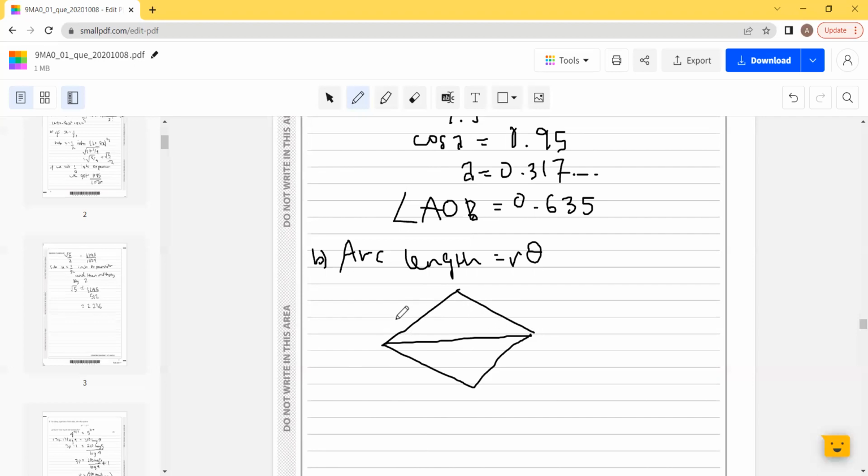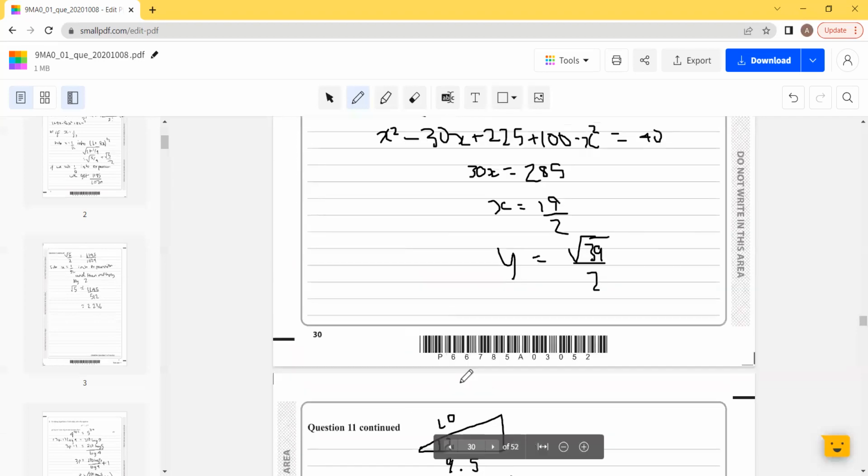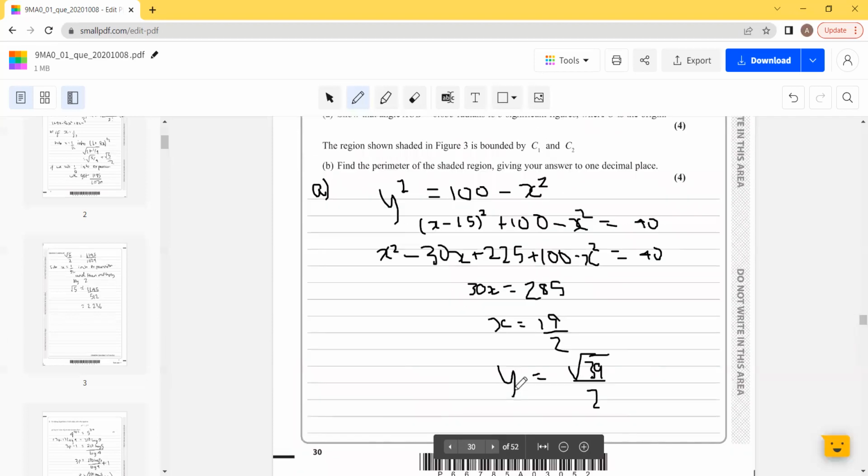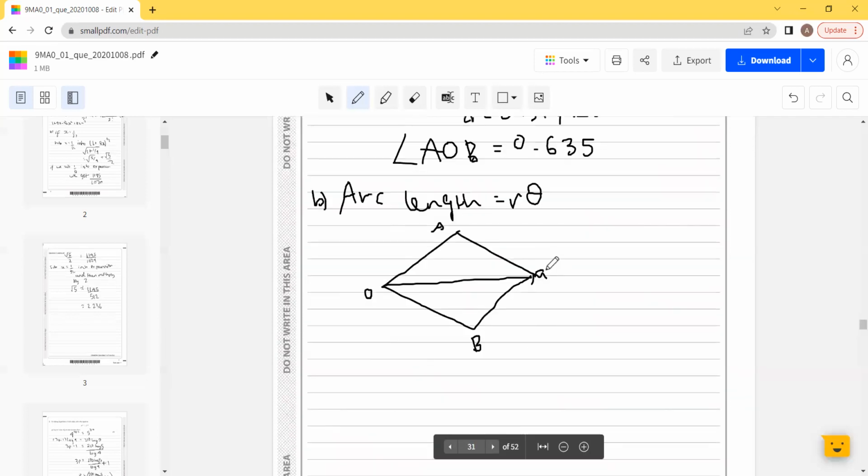I'm going to call this O. I'm going to call this M because that was the center of the circle. So I had O, A, and B. And I'm just going to call this C instead of M. So I know that OA is 10, and I know that OB is 10.